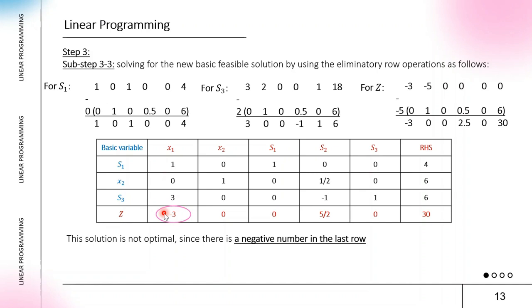Therefore, another iteration is needed, with x1 chosen as the entering variable in the next pivot step. This step-by-step process illustrates how the simplex method systematically moves from one corner point of the feasible region to another point and can improve the objective value until no further improvements are possible.